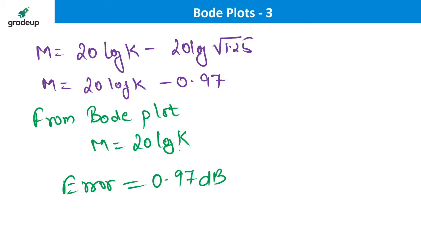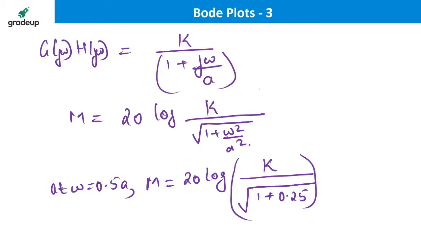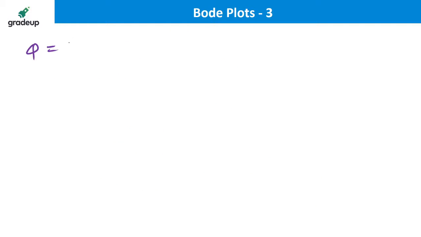Now what is the error in the phase? So now let us go for the phase calculation. Phase of this function only. What is the phase of this function? Numerator is a positive real number, for the denominator we apply minus quickly. So the phase is minus tan inverse of omega by a.